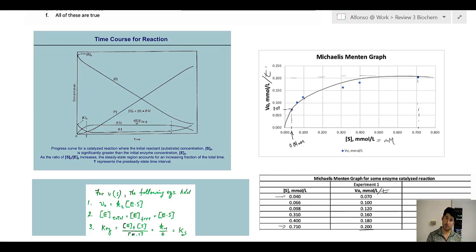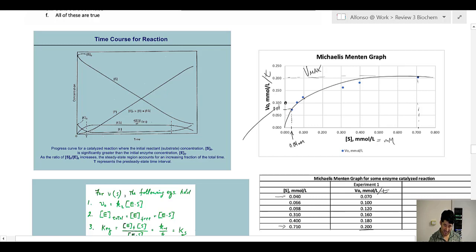So whenever you look at these graphs, what's the first thing that you should look at? That is the Vmax. And then the second thing you should look at is 1/2 of the Vmax. So there's 0.2. What is 1/2 of that? 0.1, right?